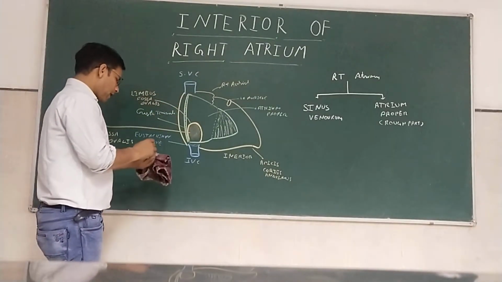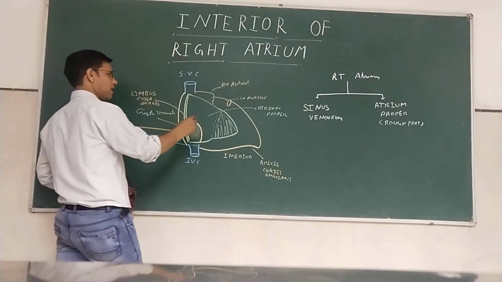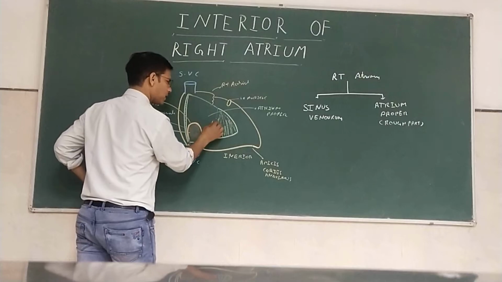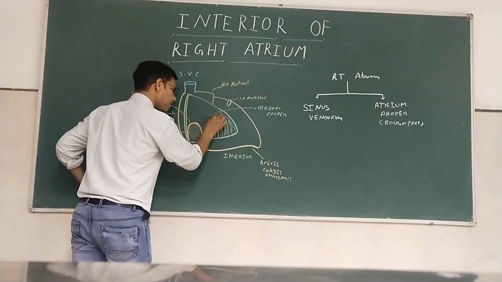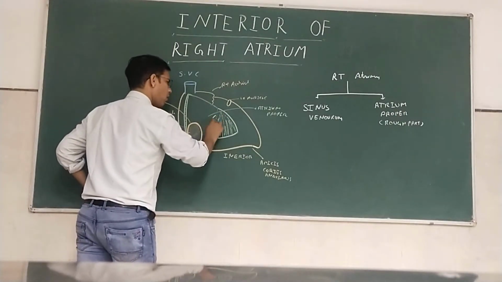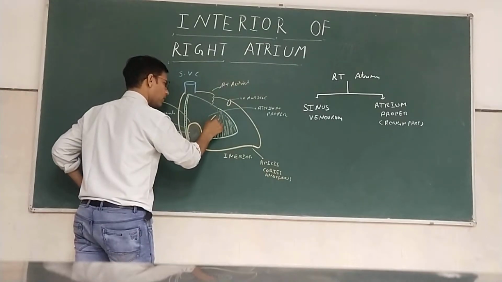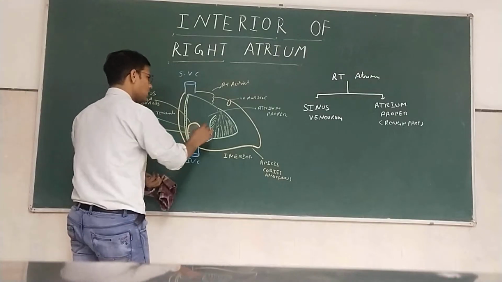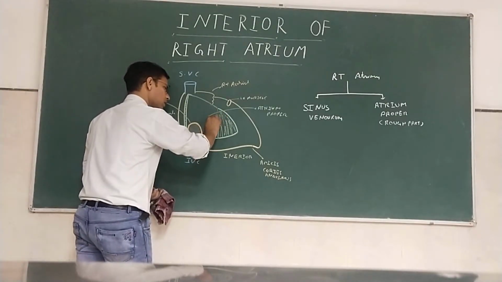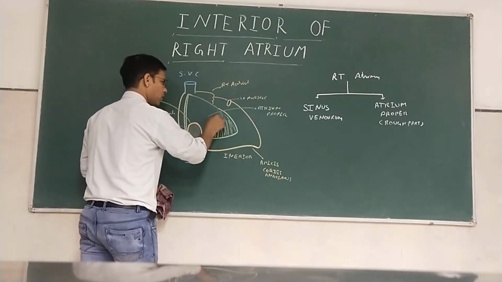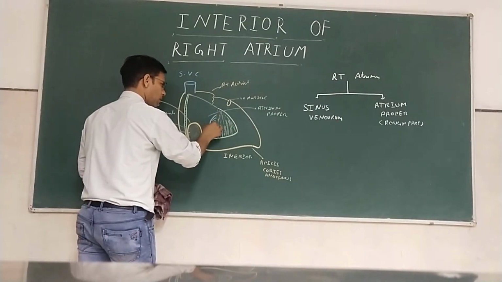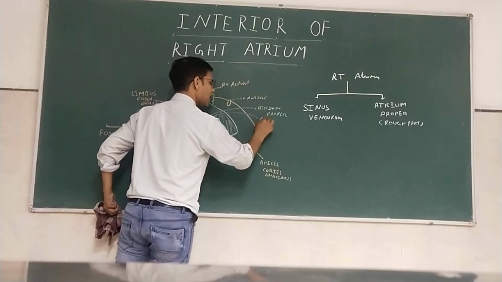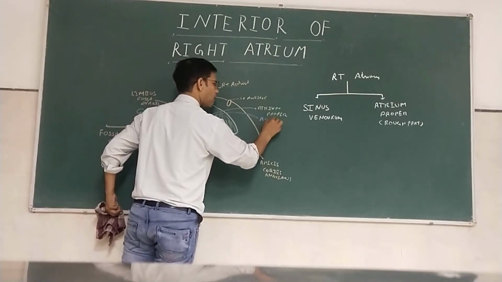Okay. If I want to draw this AV, atrioventricular, this right atrium proper is opening somewhere here into the atrioventricular orifice. So this is denoting the atrioventricular opening. The flap is cut down, so this is known as the AV opening.